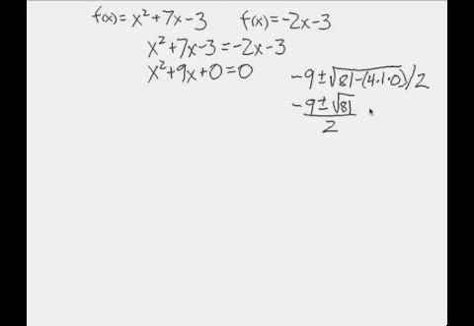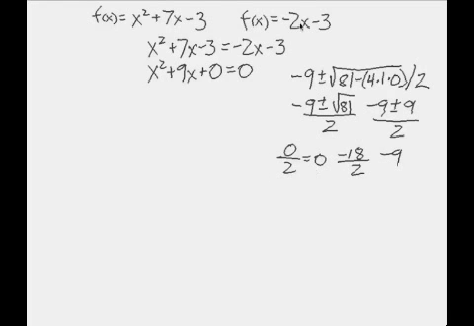Square root of 81 is just 9, so I got negative 9 plus or minus 9 over 2. So negative 9 plus 9 is 0, so 0 over 2 is just 0. Negative 9 minus 9 is negative 18 over 2, which is just negative 9. So there are my two x's.